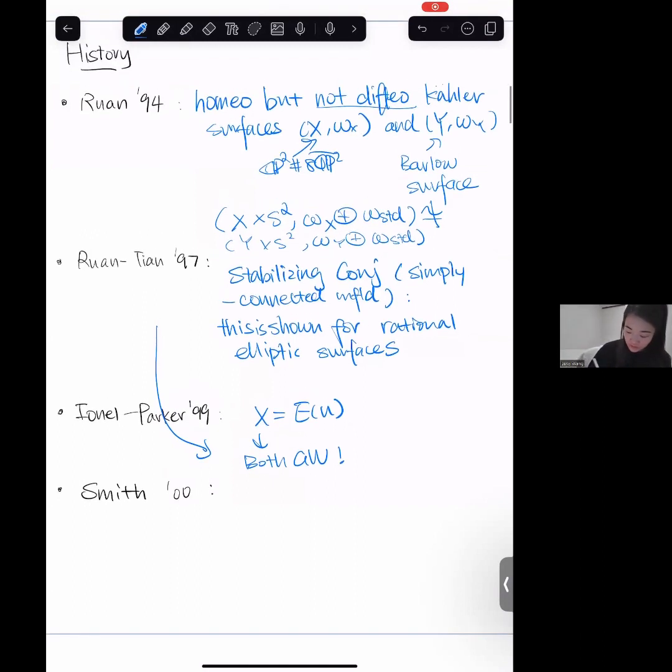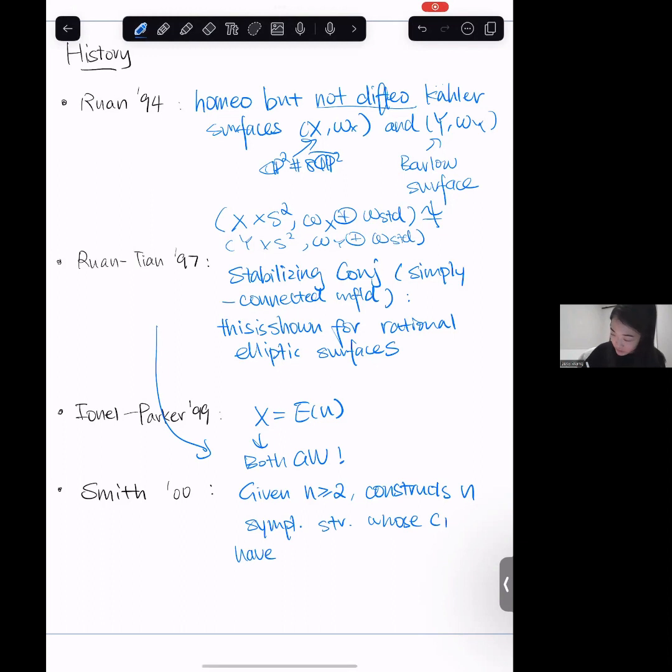And another development around that time was the paper by Smith. He showed that given an integer greater than or equal to 2, he constructs symplectic structures whose Chern classes have different divisibilities.